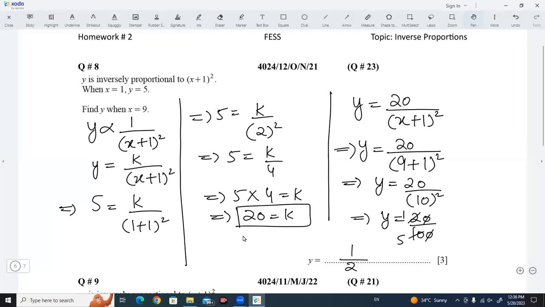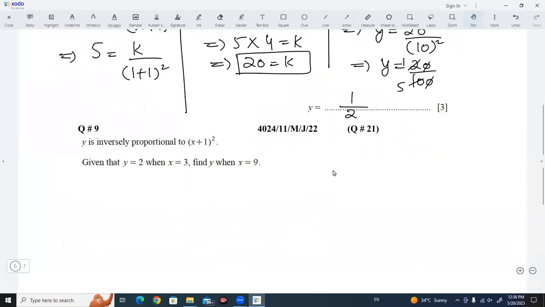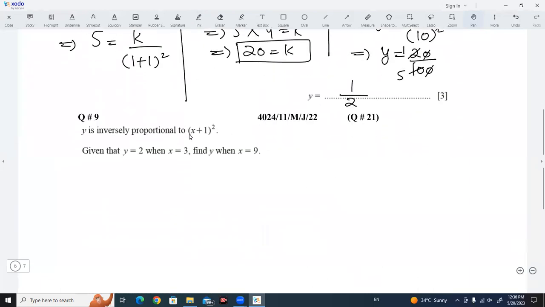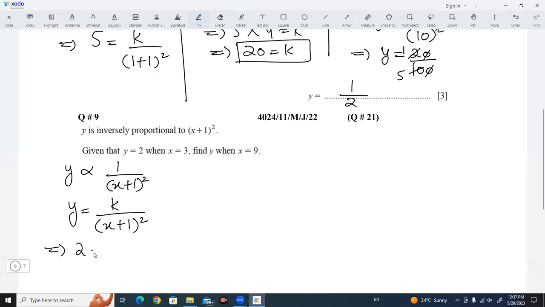So I'm moving ahead to the next question, question number 9. What's being asked here? The same type of question, that is basically y proportional to 1 over x plus 1 whole squared. The values are just changed. So y equals to k overall divided by x plus 1 whole square. What's the value of y? y was 2 when x was 3. So it becomes 3 plus 1.